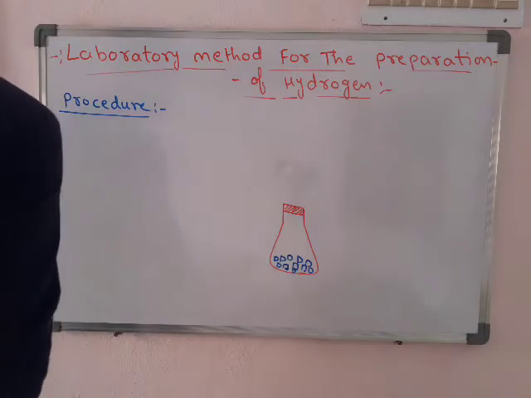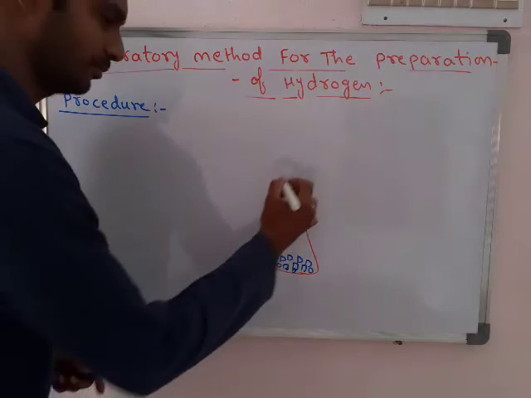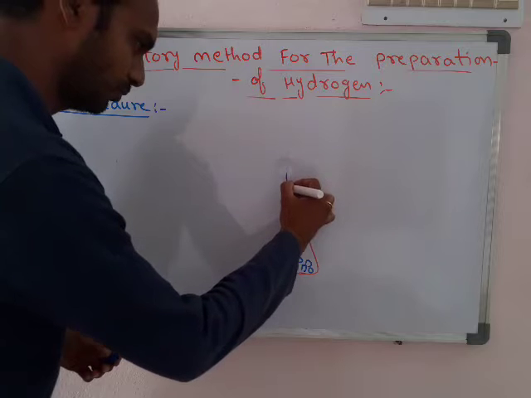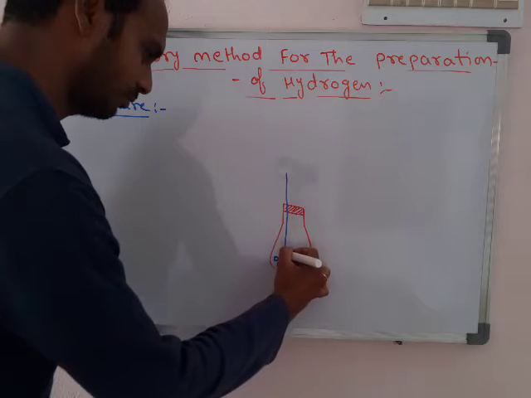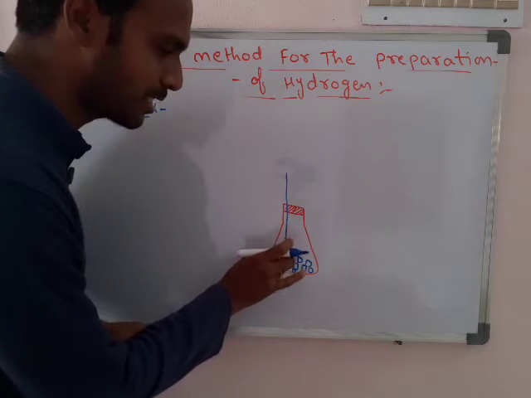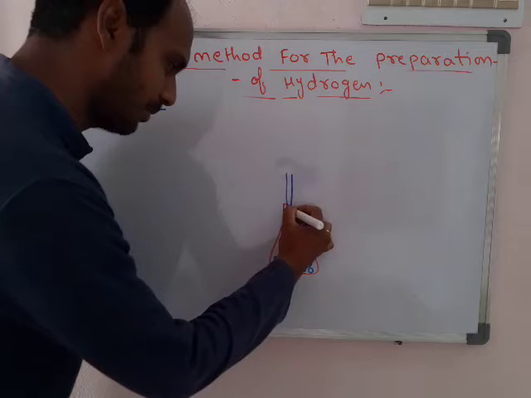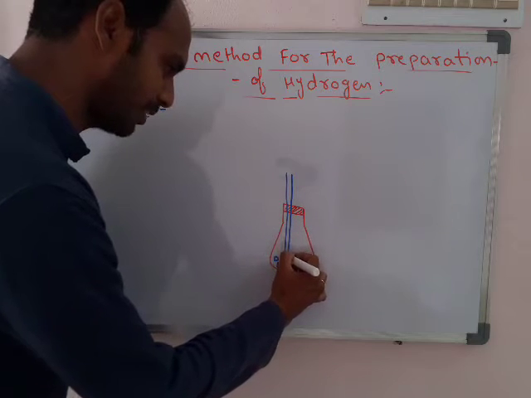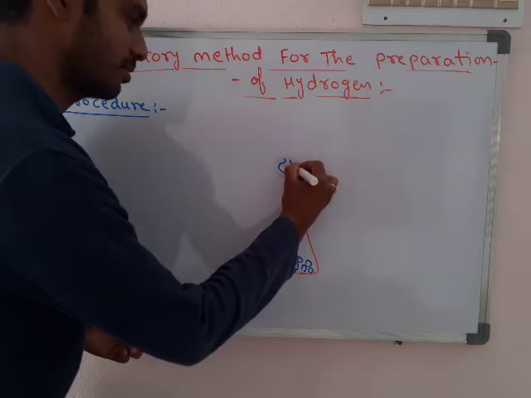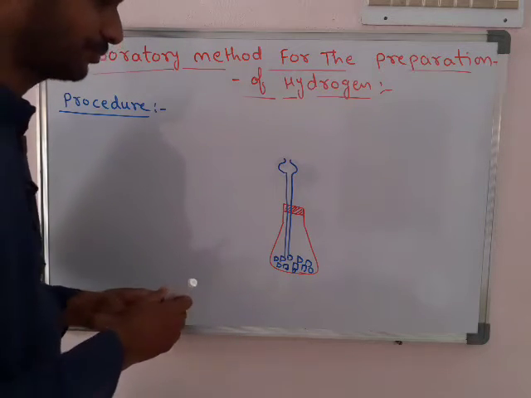Now put a thistle funnel in it. The thistle funnel is compulsory, and it must be dipped so that it touches the granulated zinc. This is the thistle funnel.